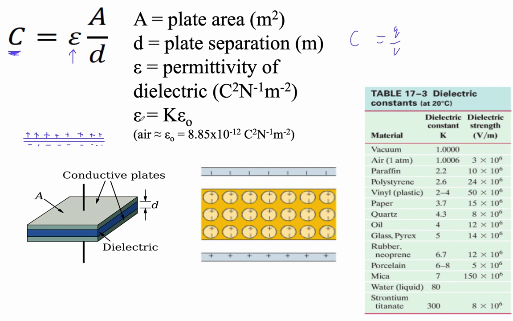And then the other thing that's kind of cool is that we can put, notice that this is the permittivity of the dielectric, right? If it's just air or a vacuum, the air and a vacuum are very similar, we use 8.85 times 10 to the minus 12th coulombs squared, newtons to the minus 1, meters to the minus 2. This is the permittivity of free space or of a vacuum.